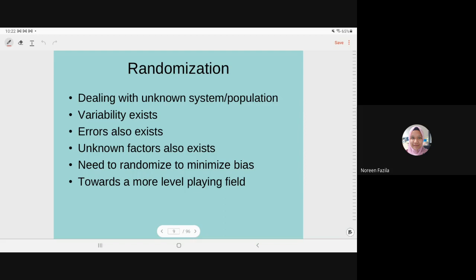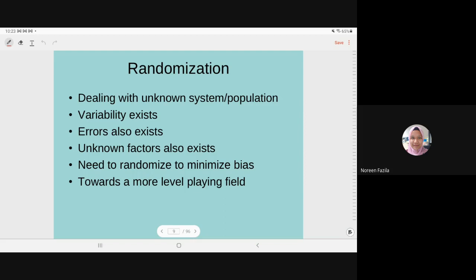Okay, so when we do novel experiments or novel studies about novel aspects or systems or populations, then variability definitely will exist, errors will also exist, unknown factors also exist, because regardless of how much knowledge we have, when it is a new system, new things, then we cannot claim to know everything, because it is new.